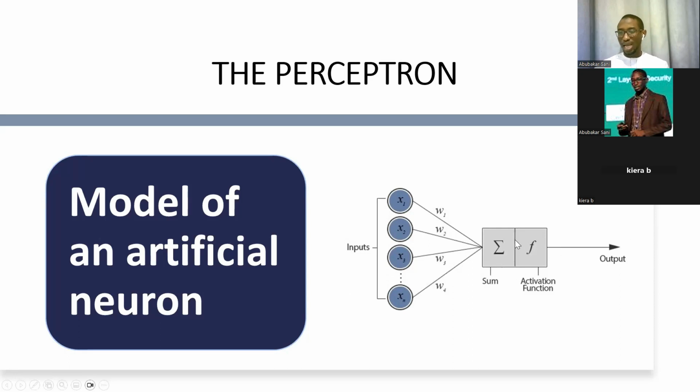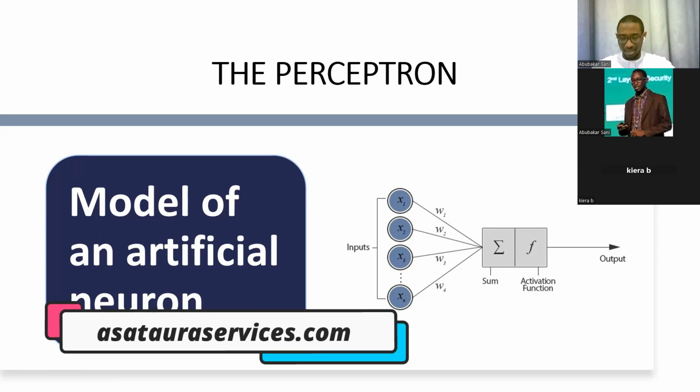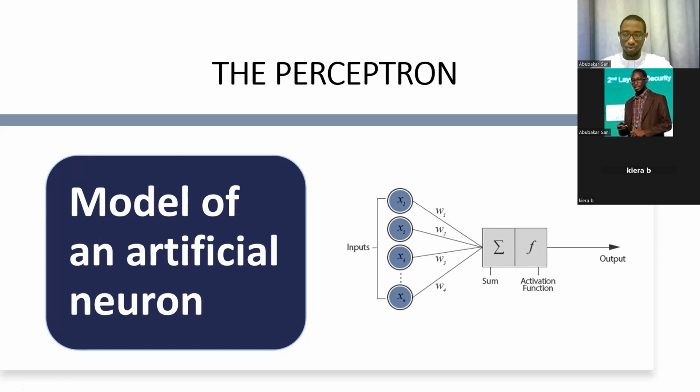So what happens in this perceptron is the inputs x1, x2 up to xn are what we call the features. These are the independent variables, or we call them characteristics, meaning these are the things that the output is going to depend on. The output is the dependent variable.